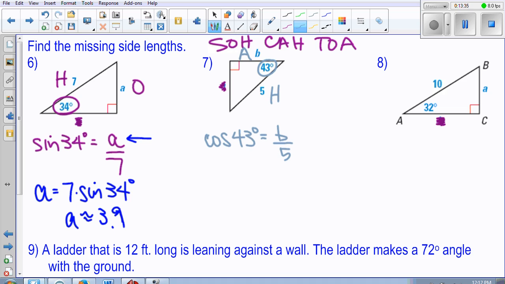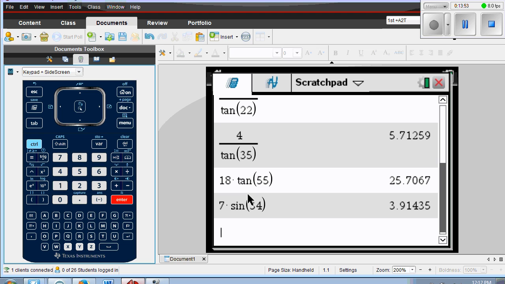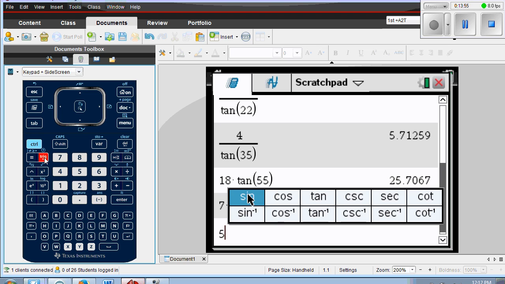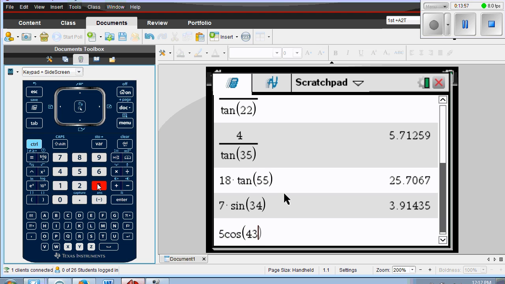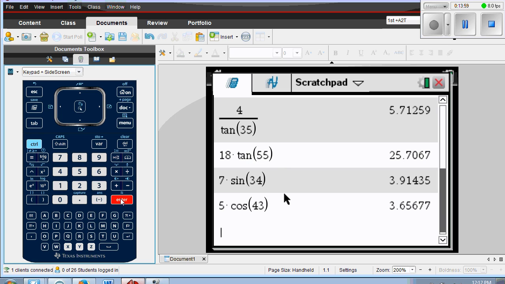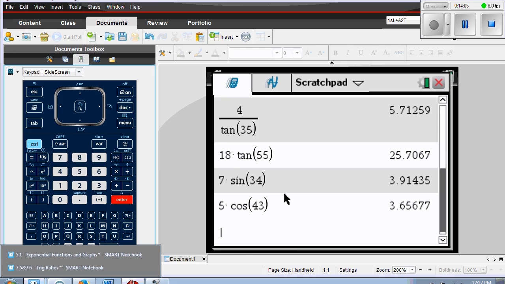So B over 5. Again, notice your variable is in the numerator, which means we're going to solve using multiplication. 5 times cosine of 43 degrees. That again is now just a calculator problem. So we go to the calculator, 5 cosine 43 degrees, and we push enter, and it gives me approximately, rounded correctly, 3.7.